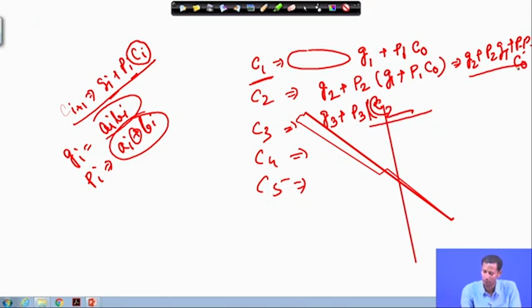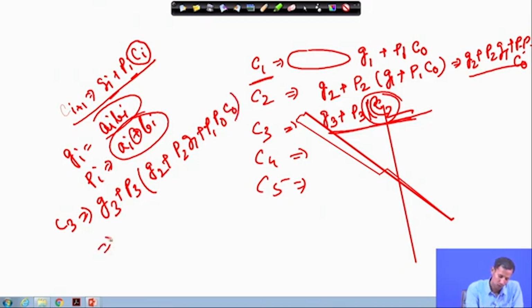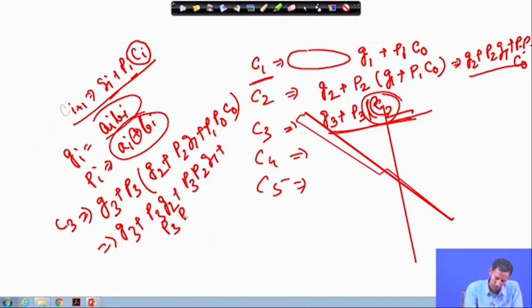Now C2 is this value, so if I replace C2 by this value, then C3 will become G3 plus P3 into G2 plus P2 G1 plus P2 P1 C0. That means G3 plus P3 G2 plus P3 P2 G1 plus P3 P2 P1 C0.